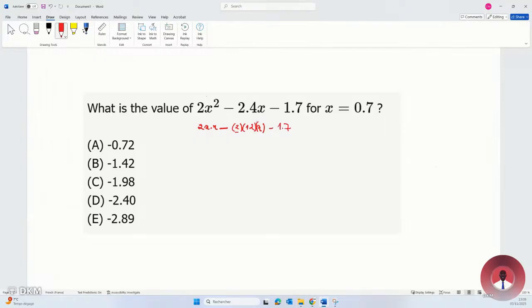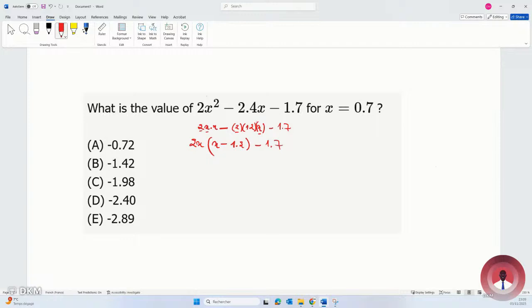So we can take 2 and x here, 2 and x here to factor them. So 2x, we will have x here, we will have the minus 1.2 here, minus 1.7.